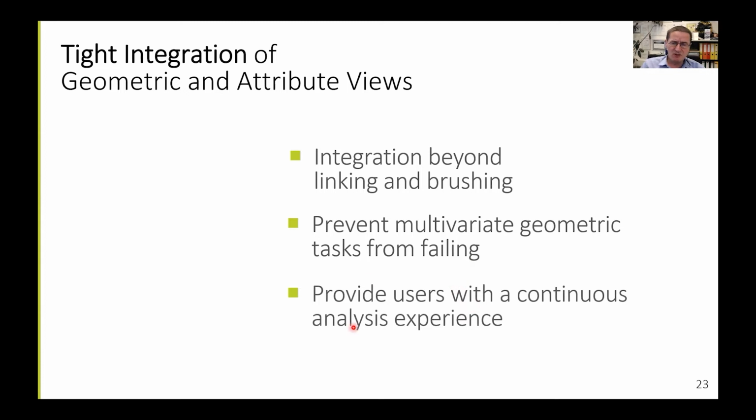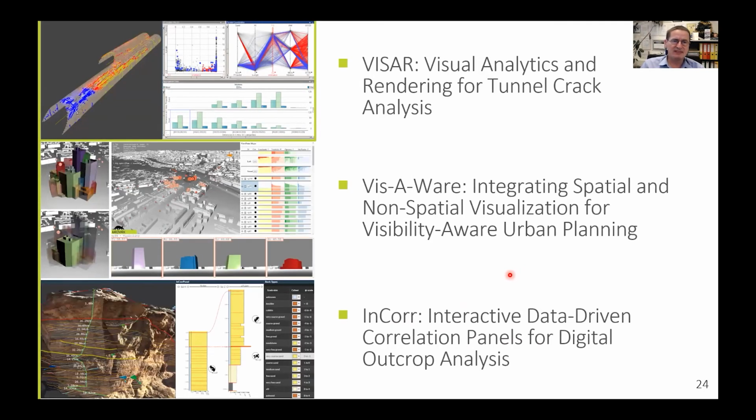The overall goal will be to provide the users with a continuous analysis experience where it's not necessary to go explicitly to the 3D view and do a lot of manual viewpoint tuning, for example.